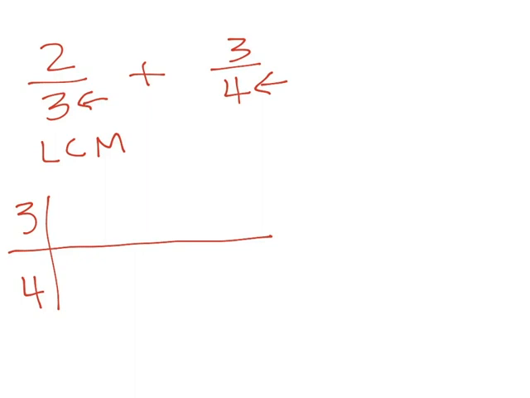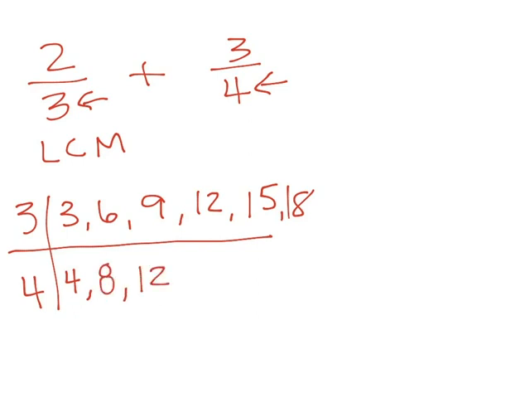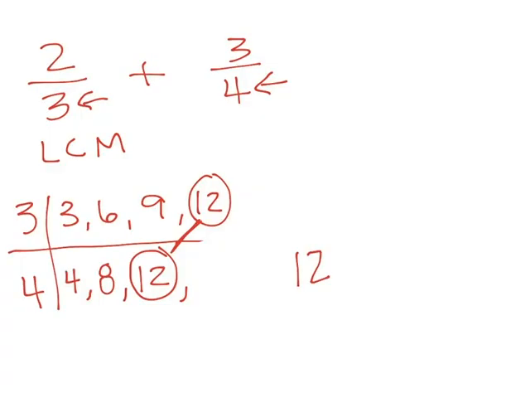So let's do our multiples. 3, 6, 9, 12, 15, 18. I'm going to stop there and see if I can find one that is common with 4. So we have 4, 8, 12. Oh, you know what? Right here, these two match. And that is my lowest one. So we have 12 and 12.